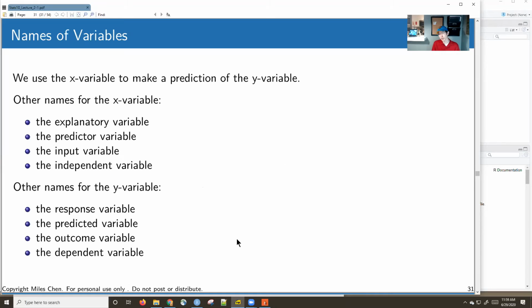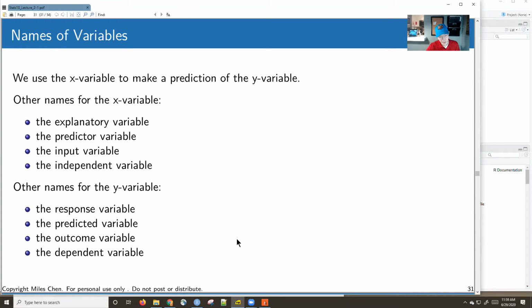The other names for the x variable are things like the explanatory variable, the predictor variable, the input variable, the independent variable. I'm not a real fan of the independent variable name. Other names for the y variable are the response variable, the predicted variable, the outcome, or the dependent variable.